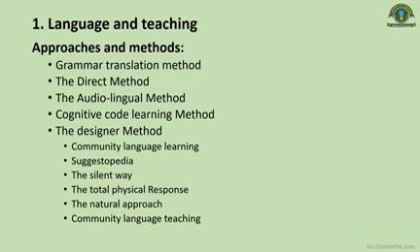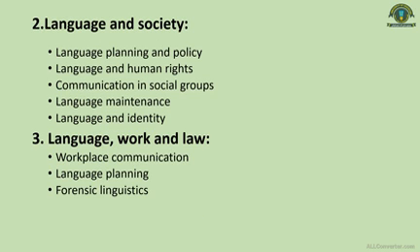So these are some of the methods and approaches that are used to teach a language, and applied linguistics is the main thing that helps us to use these methods and approaches to teach a language to a child. Our next point about the scope of applied linguistics is language and society.